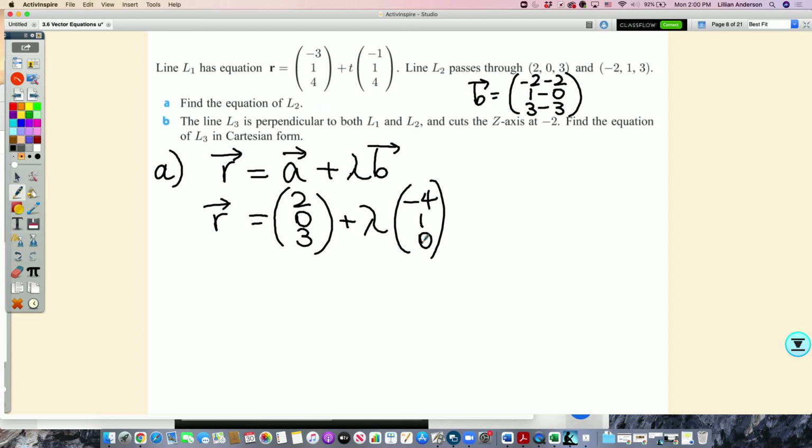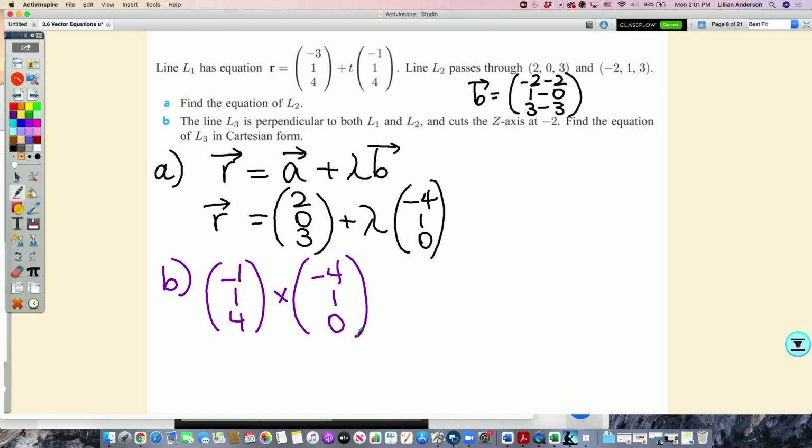Since it says that it's perpendicular to both of them, we need to use the direction vectors of both L1 and L2. Then that will give us the direction vector for L3, perpendicular to the two. That's something we did last week. We do the cross product between L1's direction vector and L2's direction vector.